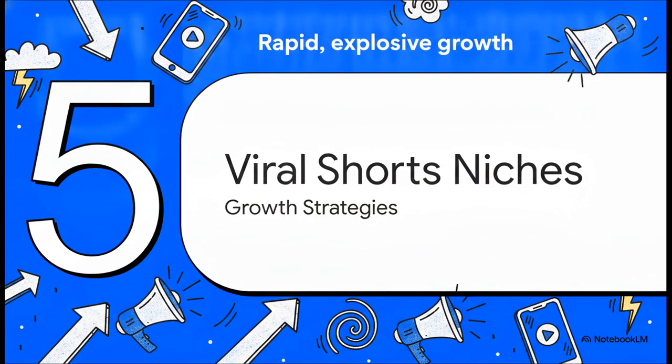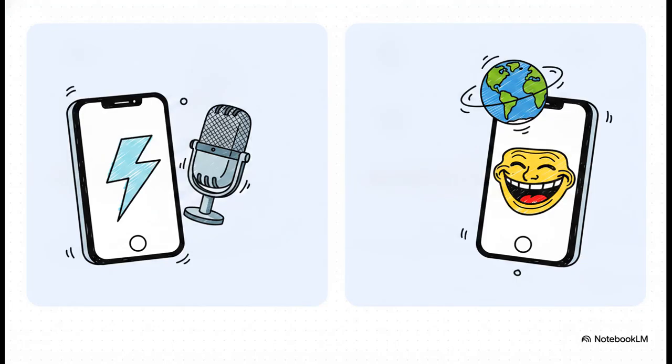Okay, finally, Part 5. Highly viral shorts niches and rapid growth strategies. So there are two primary strategies to focus on in the shorts game. First up, commentary shorts. This involves taking those highly viral, oddly satisfying, or shocking videos from Chinese platforms, bringing them over, and adding a really compelling, native English voiceover just commenting on what's happening.